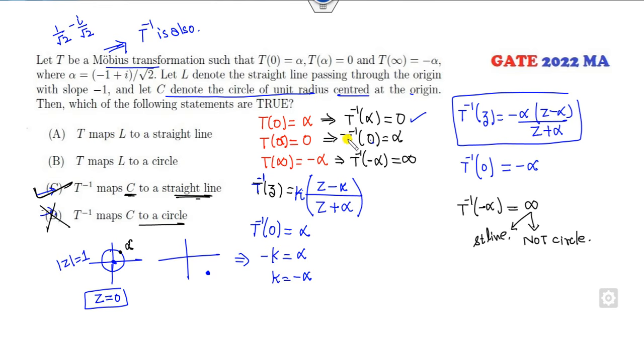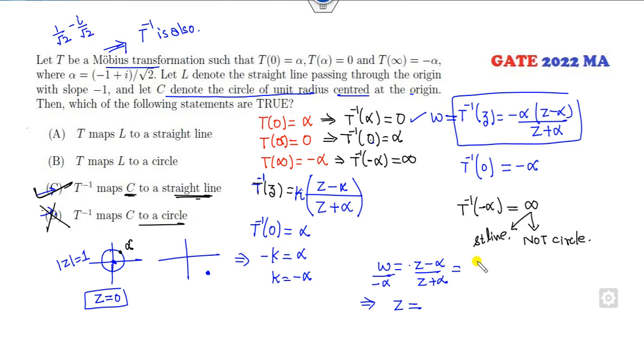Now the second one is that T maps L to a straight line. Okay, now this is the mapping of T inverse. We can define the mapping of T. So I can simply use this as w, and I can find this value. I can equate w with minus alpha times (z minus alpha) over (z plus alpha). So I can find the value of z from here, which is again a similar thing.